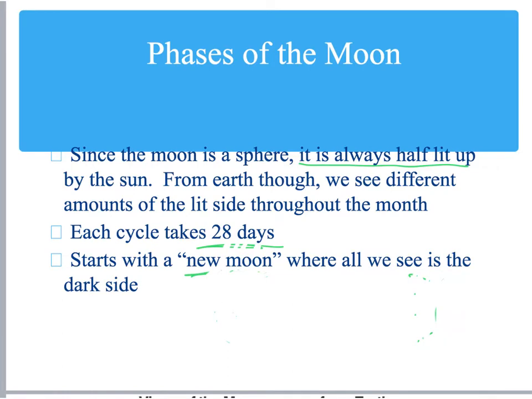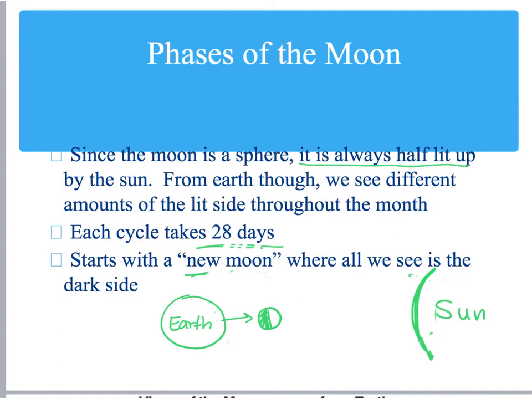He's back to sleep. So, adding to my picture here, this is the sun. This is the earth. Not to scale. This is the moon. The side of the moon facing the sun is half lit up. But here on Earth, all we see is the dark side.